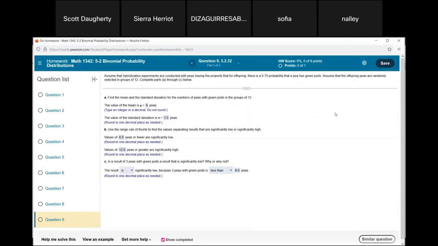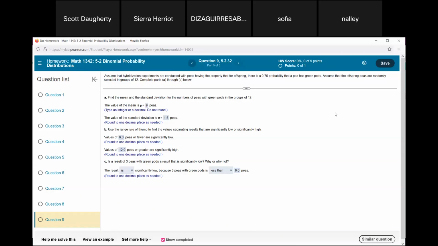So this one says, assume that hybridization experiments are conducted with peas having the property that for offspring there's a 75% chance that a pea has green pods. Assume that the offspring peas are randomly selected in groups of 12.